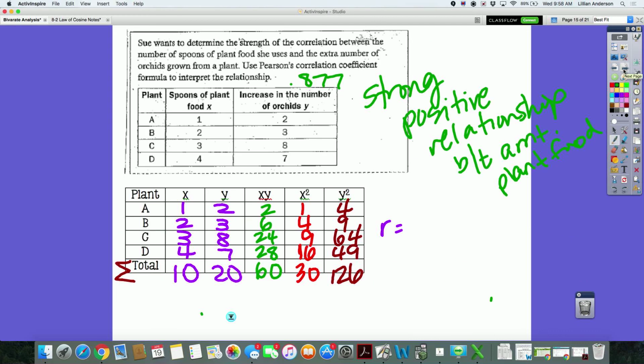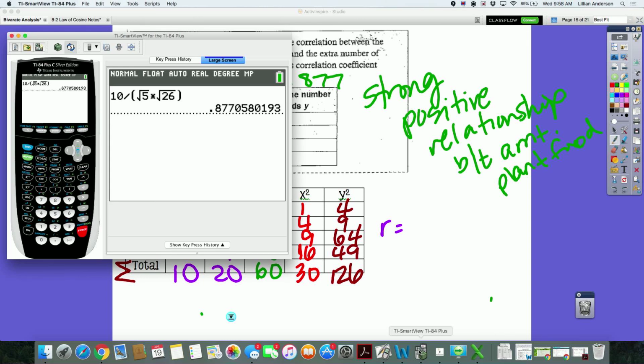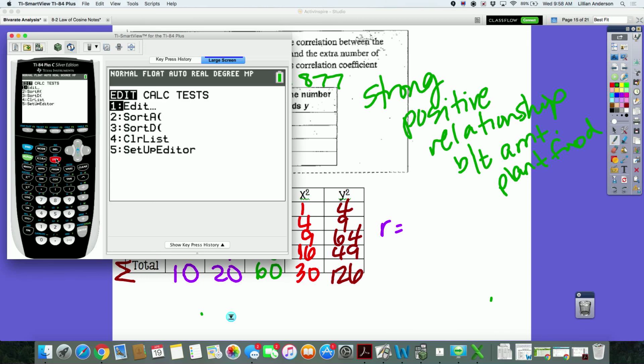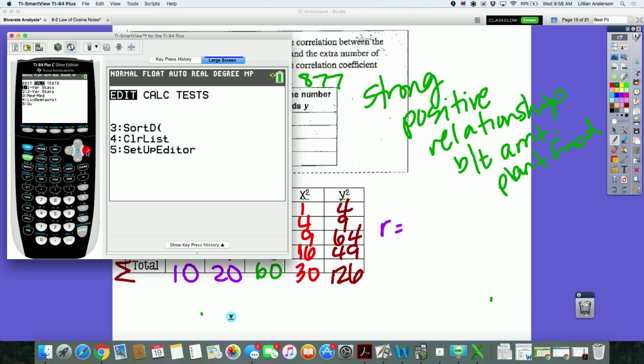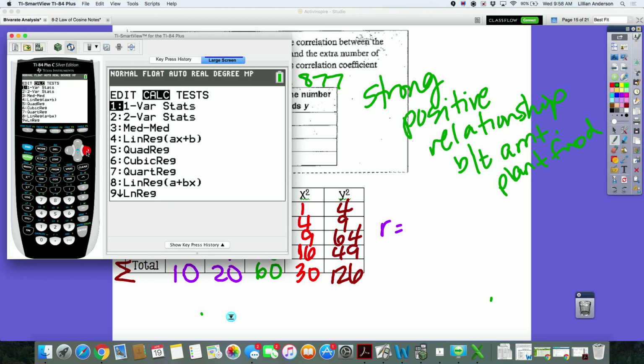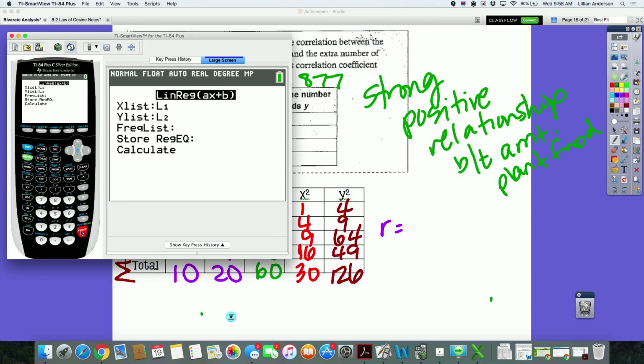Okay? We got 0.877. Remember, doing it with our calculator, you go to stat, you go to edit, and all your data is in there. Remember, you type in your x's into L1, your y's into L2. You go to stat, over to calc, option 4, and if your calculator looks like mine, then you want to make sure that your X list is L1, your Y list is L2, but make sure there's nothing in your frequency list.